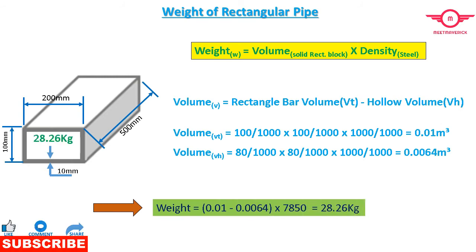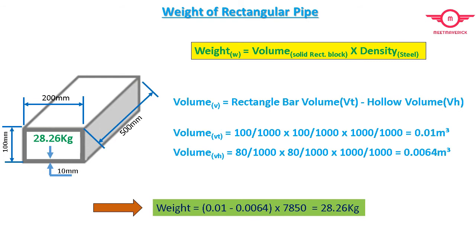So if we take an example, a pipe of 100 into 100 having thickness of 10 mm and length of 1000 mm. So the calculation is like: Vt, means total volume, is 100 by 1000 into 100 by 1000 into 1000 by 1000, which is 1, so equal to 0.01 meter cube.